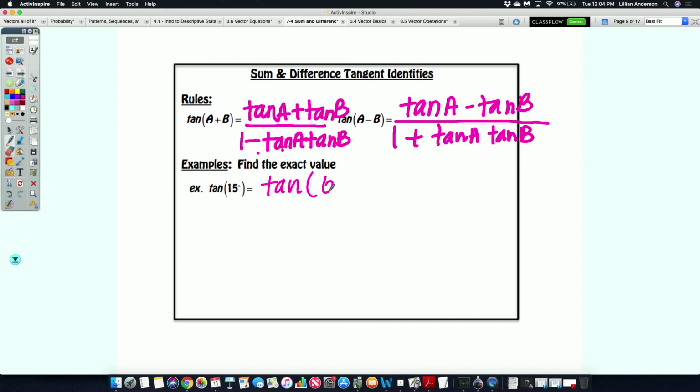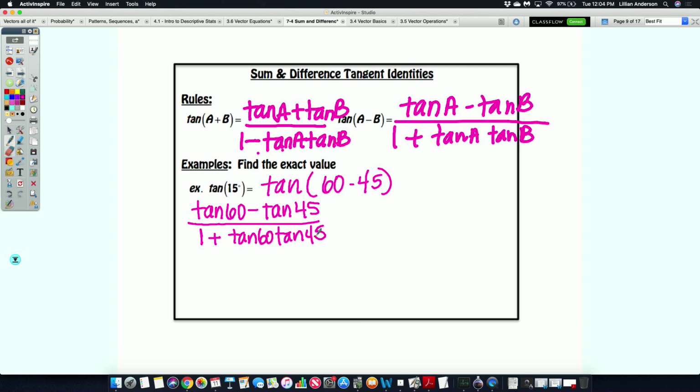So we're going to do the tangent of 60 minus 45, which means I'm going to use the second of the tangent identities because I am using subtraction. The setup: tangent 60 minus tangent 45, all over 1 plus tangent 60, tangent 45.